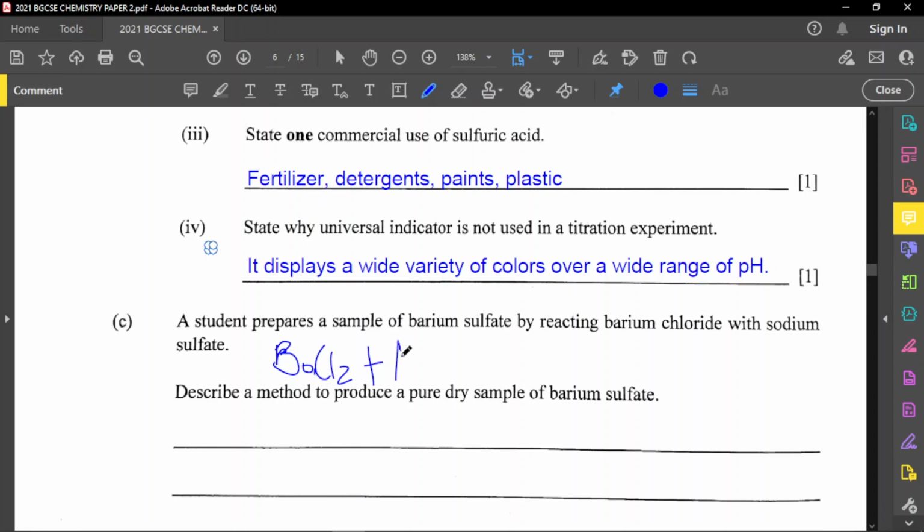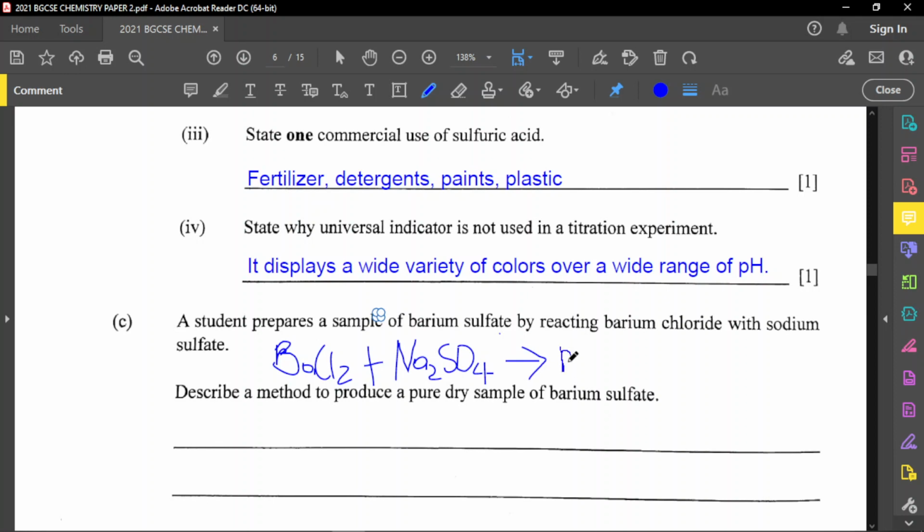We're going to have Na2SO4. All right, I'm getting it better now. And so what you're going to get as an end product right here is BaSO4.